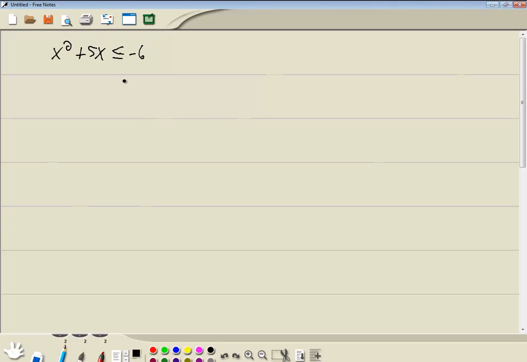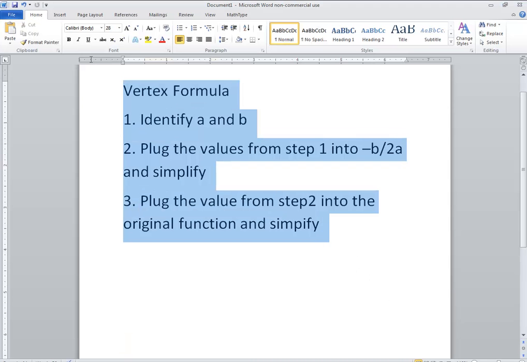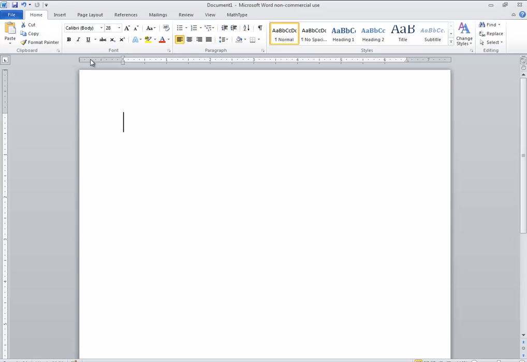Okay, well, let's talk about this first on the graphing calculator. This is polynomial inequalities.